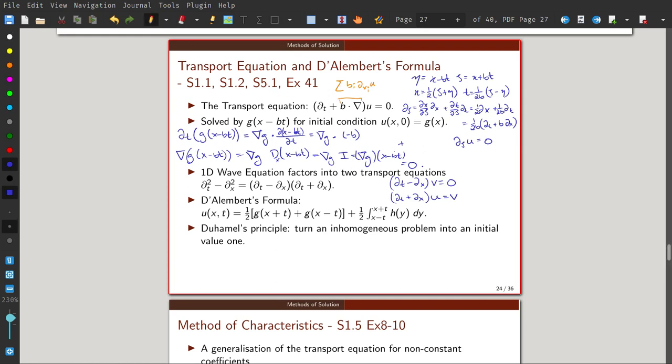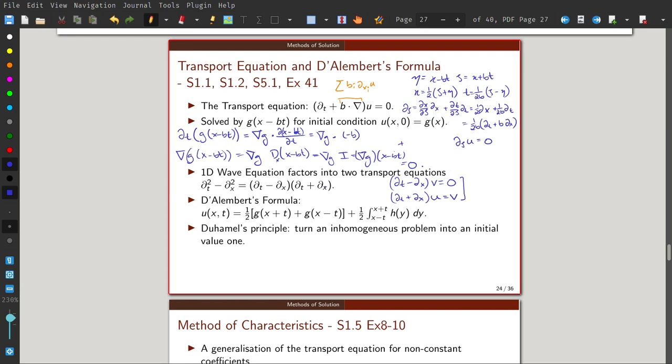The first is just a homogeneous transport equation, and then the second is an inhomogeneous transport equation. And if you take the second equation and substitute it into the first, you exactly have the one-dimensional wave equation. So u, which is solving this system of equations, also gives a solution to the one-dimensional wave equation.